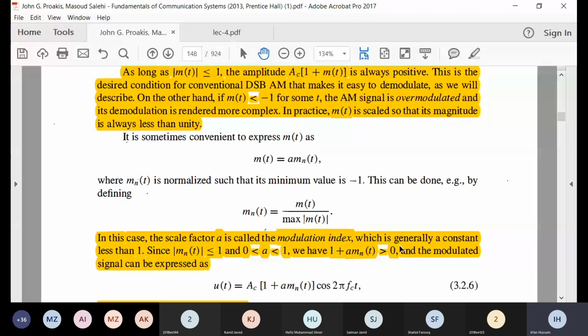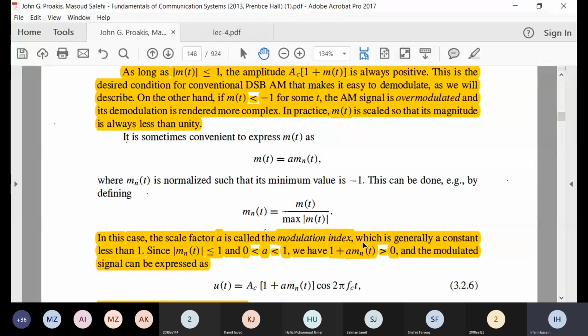Even if m_n(t) is negative, in terms of numbers it will be greater than -1, so it will be -0.9, -0.8 or something like that.